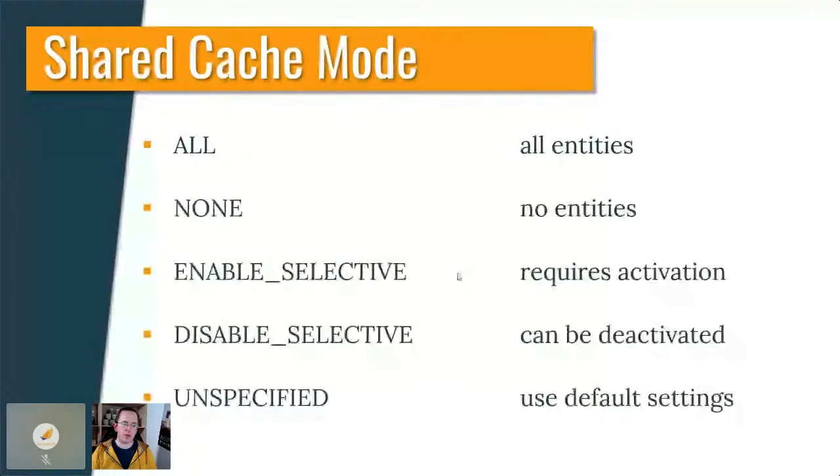And that can be either a time to live, or what I personally prefer is the least recently used approach, where we remove the objects from the cache that we haven't used for a while. And depending on the cache configuration, that's combined with the time to live setting as well.